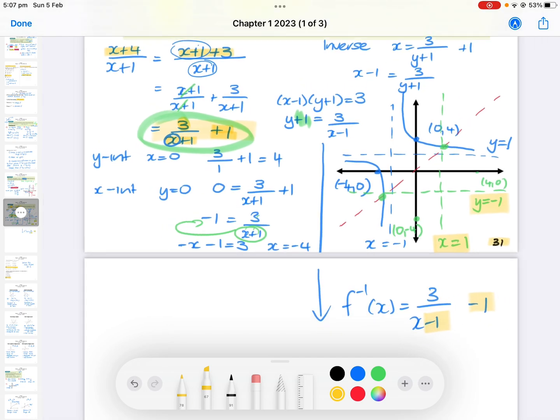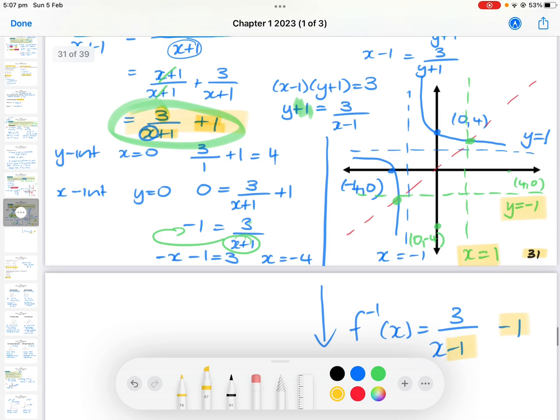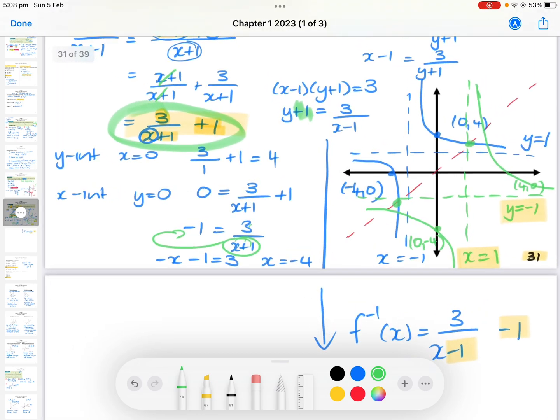So all we have to do really is draw the shape. So let's do it. I'm doing it in green. We end up with a graph that goes like this through (4, 0), and on the other side, it goes through like this through (0, -4). Bit of a mess, isn't it?